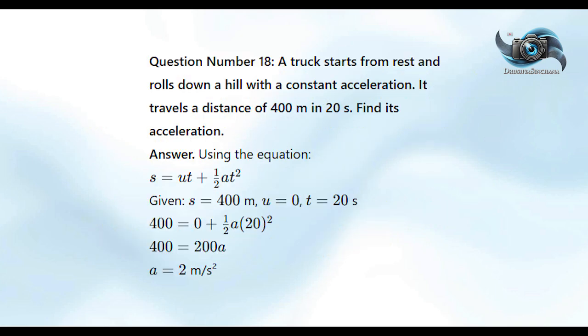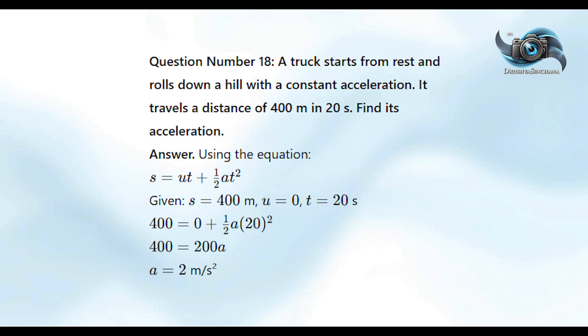Question number 18. A truck starts from rest and rolls down a hill with a constant acceleration. It travels a distance of 400 meters in 20 seconds. Find its acceleration. Answer. Using the equation S equals u multiplied by t plus 1 divided by 2 multiplied by a multiplied by t squared.